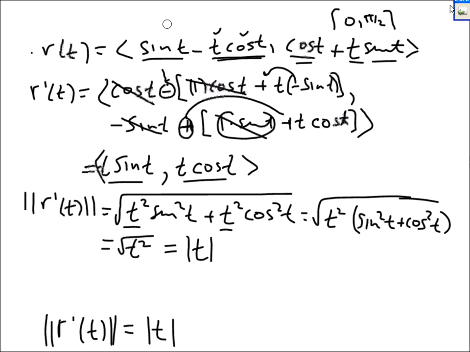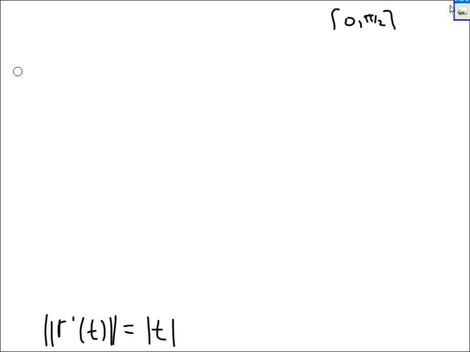And we want to know the arc length of this function from 0 to pi over 2. So the formula says that the arc length is the integral from 0 to pi over 2 of the magnitude of r prime of t, which is the absolute value of t dt. But these are t values. T goes from 0 to pi over 2.